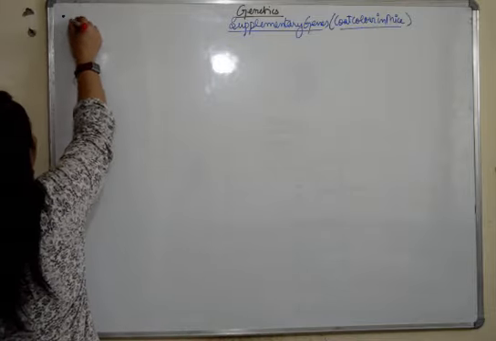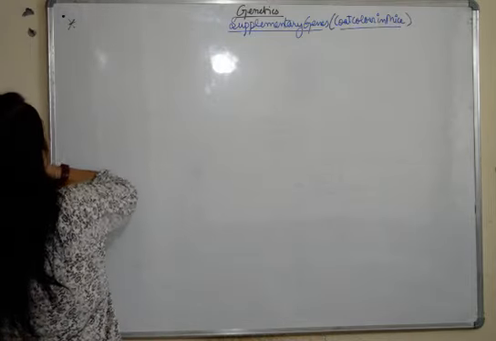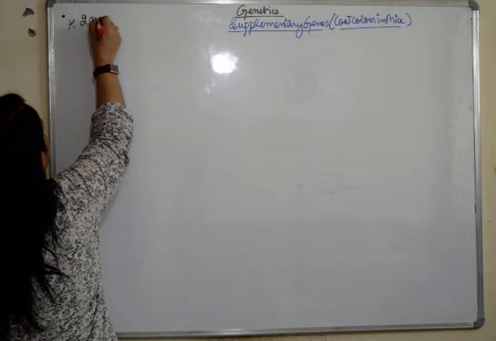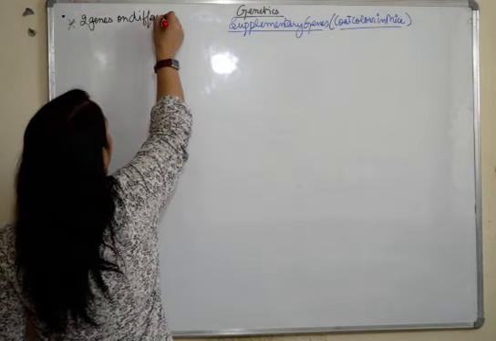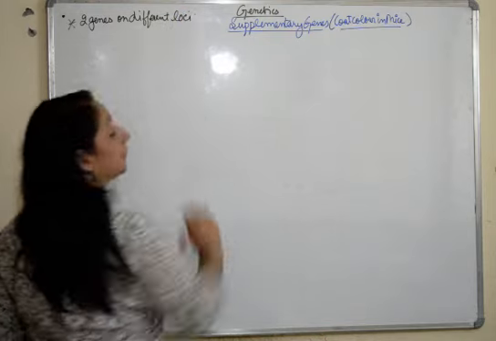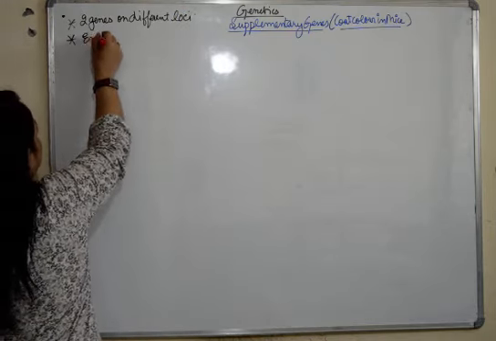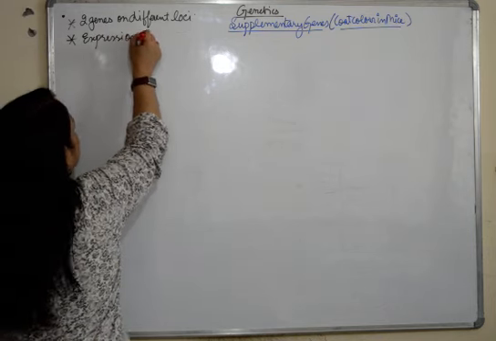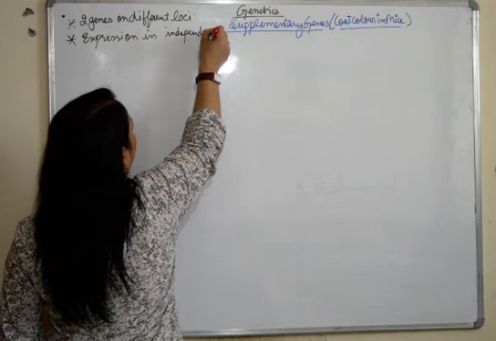First of all, there are two genes on different loci. Their expression is independent of each other.